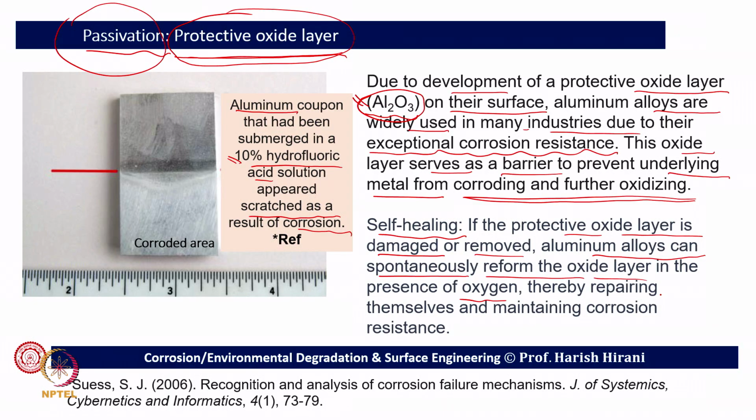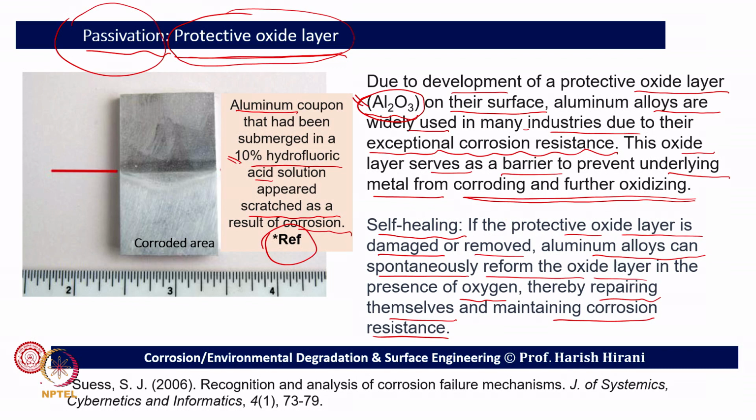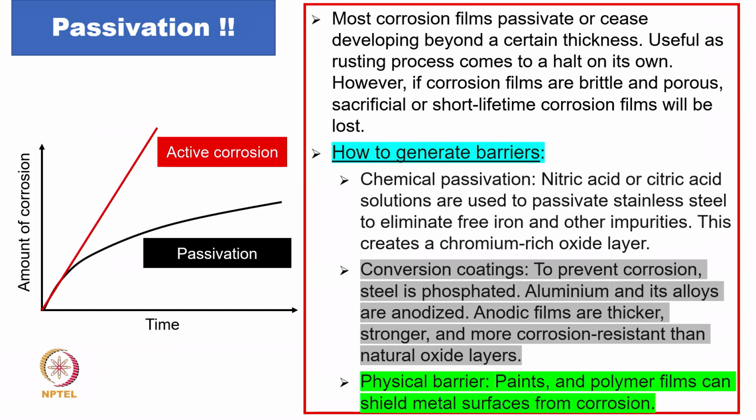For the time being we are assuming a normal environment where oxygen will be available, and then there will be a repairing possibility, we can say the aluminum repairs itself and maintains the corrosion resistance. So, these are the aspects which are important to understand. We picked up this example from a 2006 reference, which has been mentioned. If you want, you can read this paper.